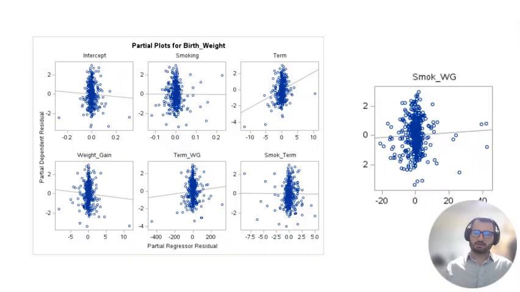The only thing that kind of stood out was that maternal weight gain might be interacting with term, and that's shown by the term underscore WG for weight gain. So that's one thing that we wanted to take a look at further.